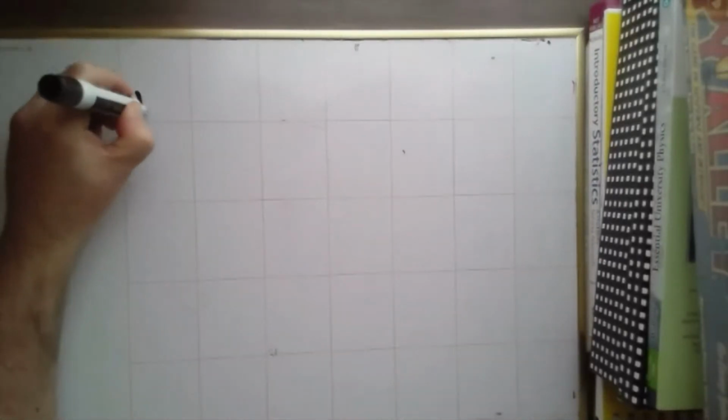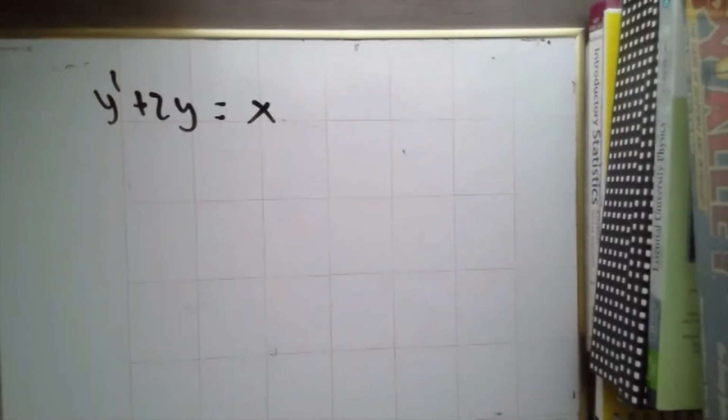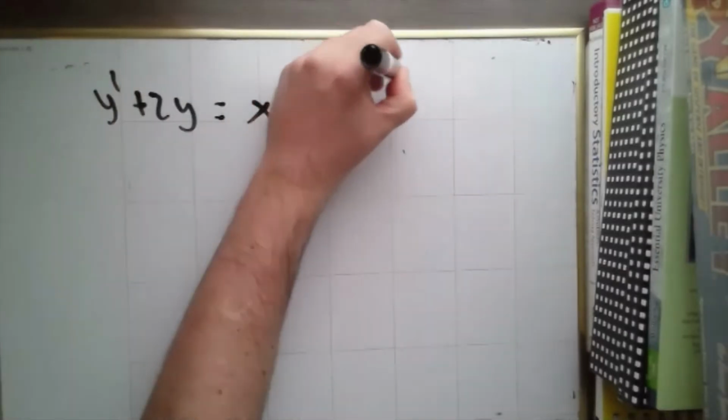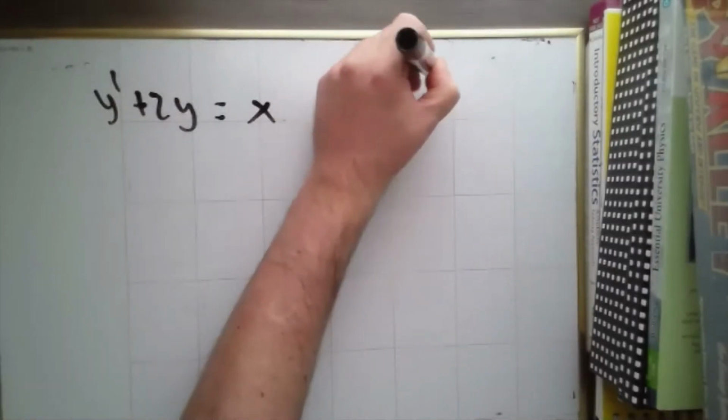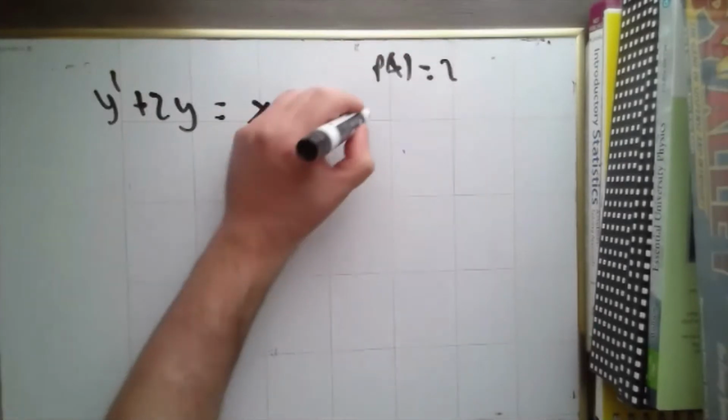Okay, so let's start simple. Let's say we've got y prime plus 2y equals x. So let's identify our stuff here. Our p of x, the thing in front of regular old y, is just 2.